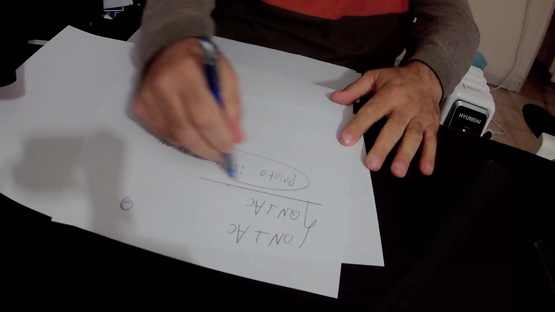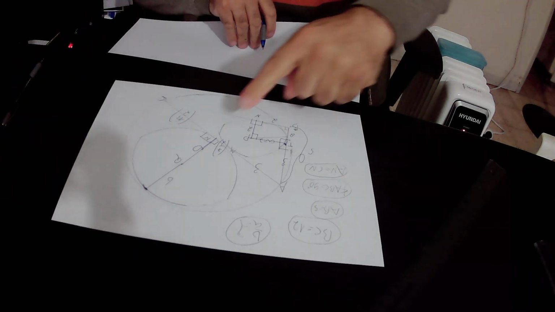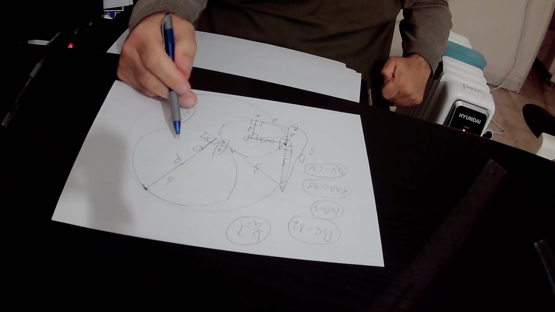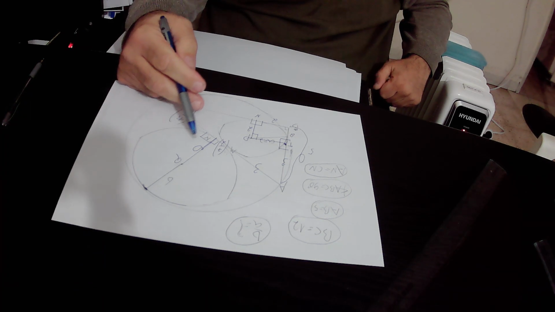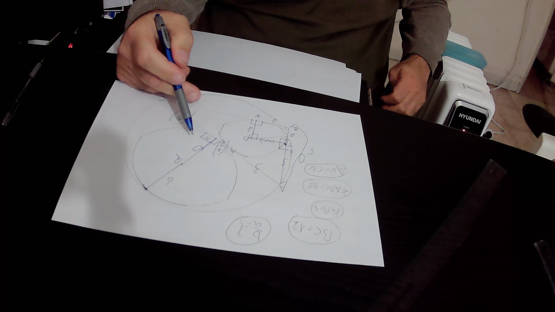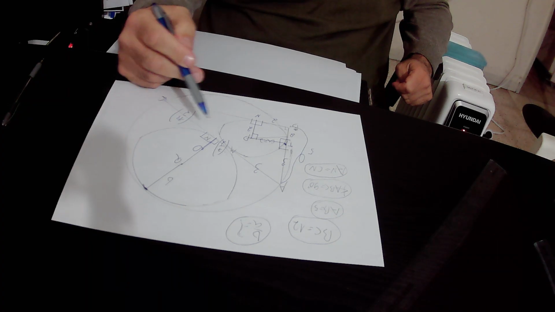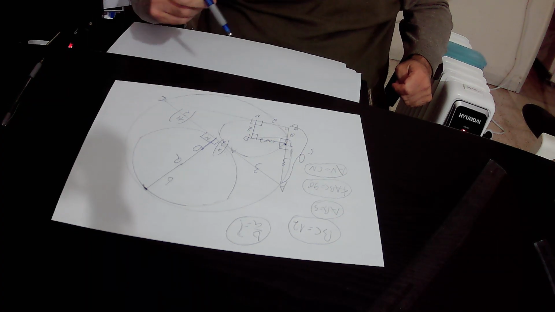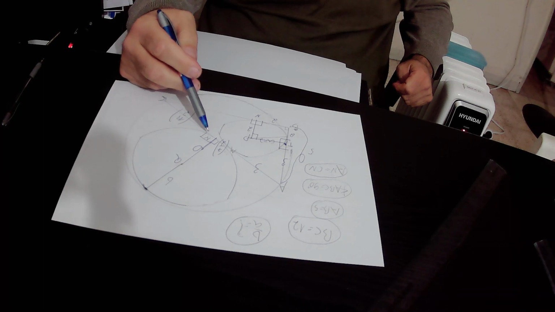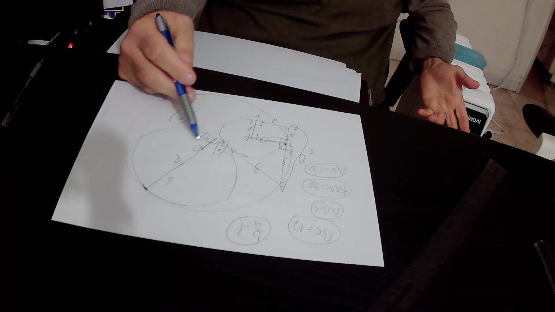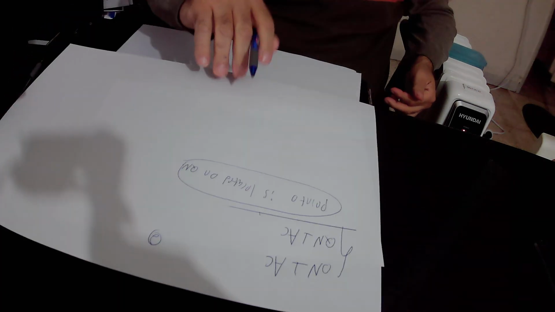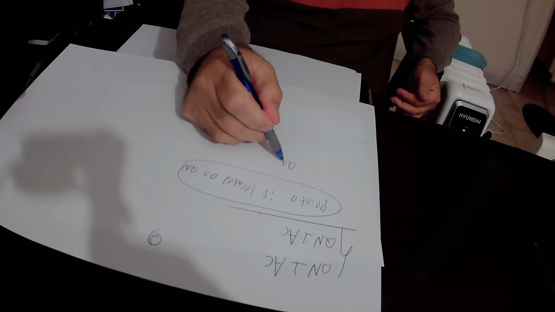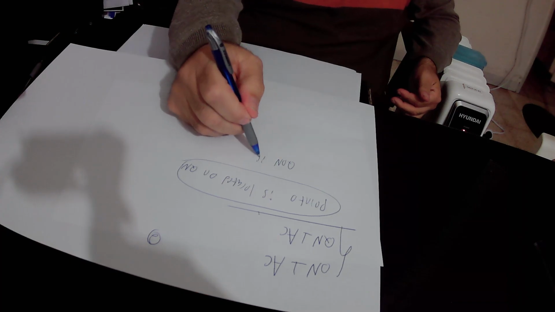Again, this is point O. Point O must be located on the radius QN. If point O is not located on the radius QN, then ON will not be perpendicular to AC. Therefore, point O must be located on QN, or QON is one straight line.